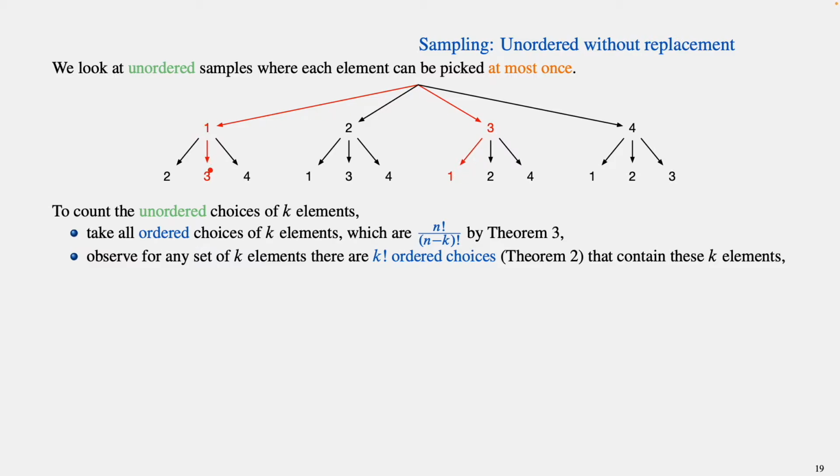So we see here we have 1, 3, here we have 3, 1. So this one is just a permutation of this one. So we have k factorial ordered choices that lead to the same k elements.